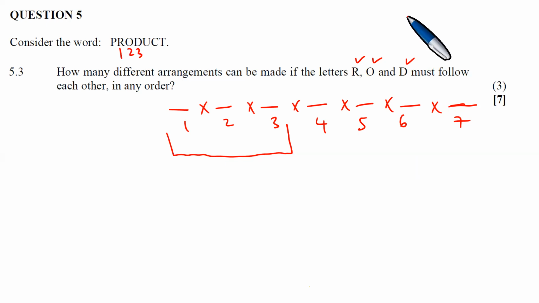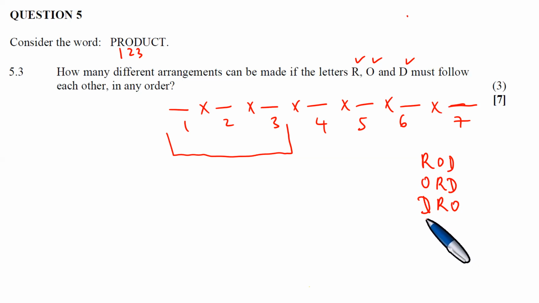So you can start and have ROD, or you can have ORD, or in other words, you can start with the R, you can start with the O, or you can start with the D. Even if you start with the R, you can start with R still and have OD and also have DO.